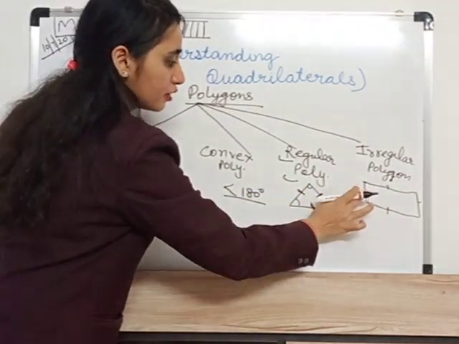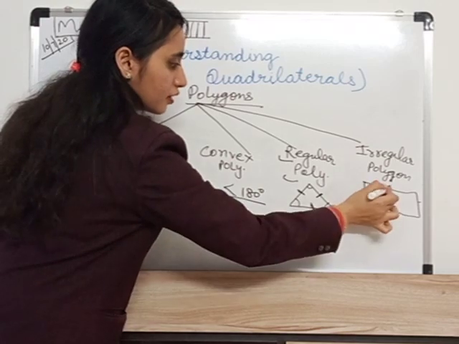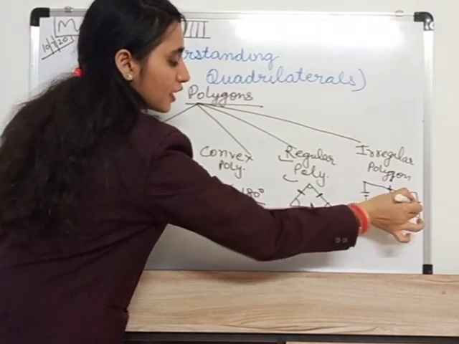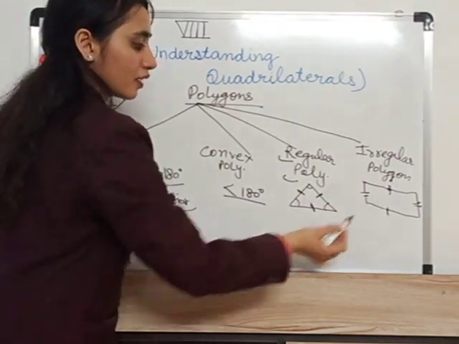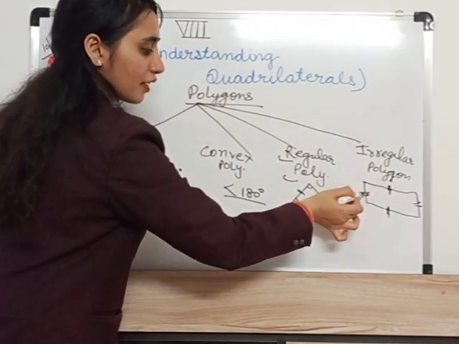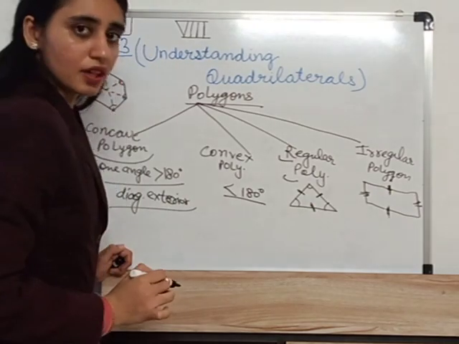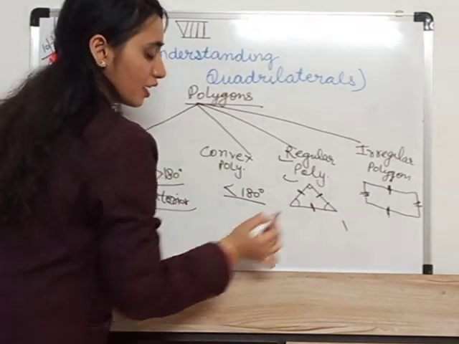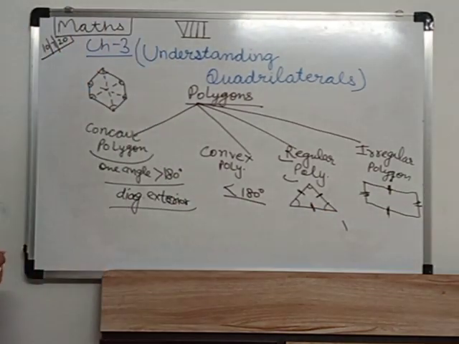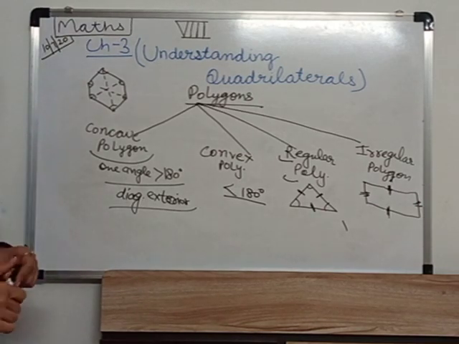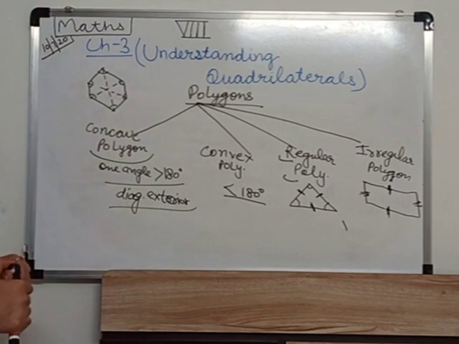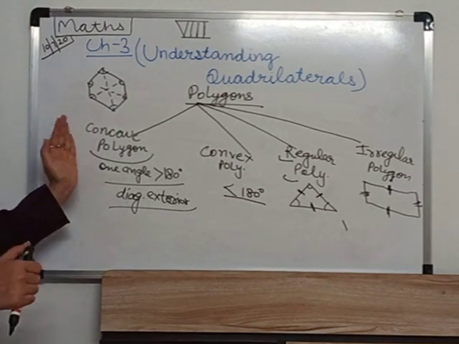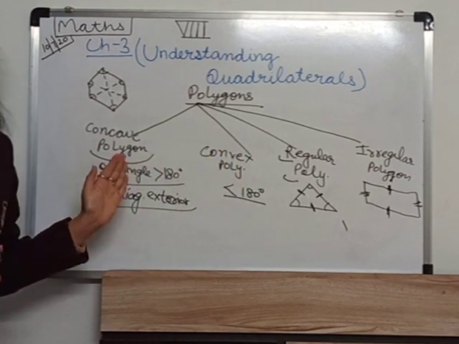And you can use this double sign also, because in a rectangle opposite sides are equal. So this is equal to this, and double this is equal to this. So this symbol indicates equality of lines. Understood? This is about concave, convex, regular and irregular polygons, and how we can use these in exercises.